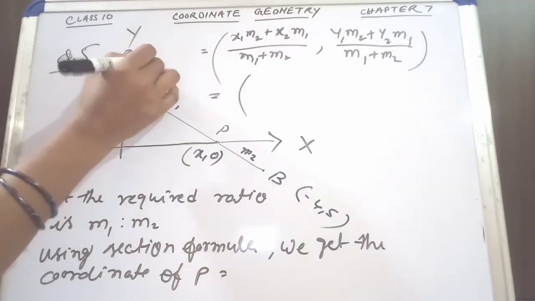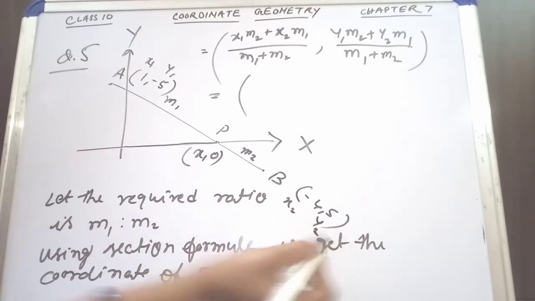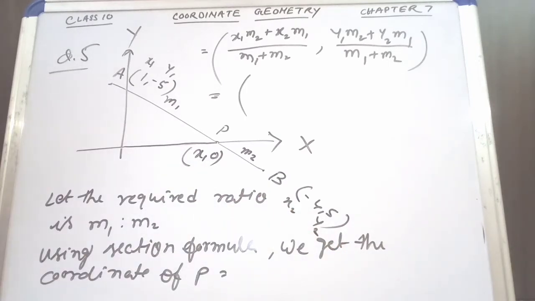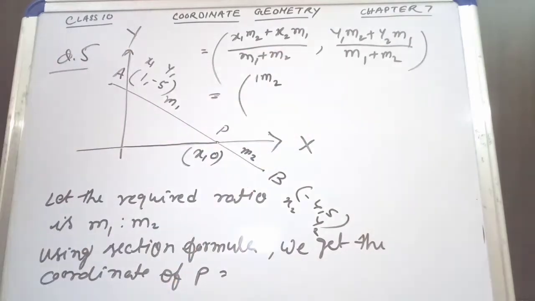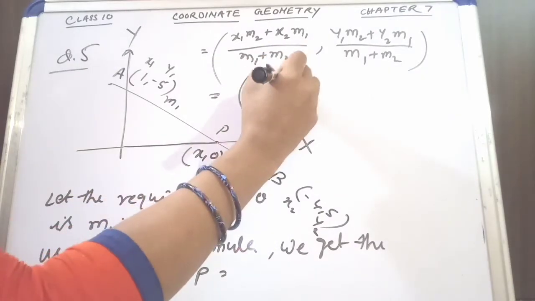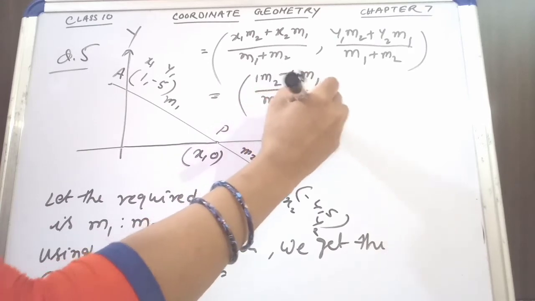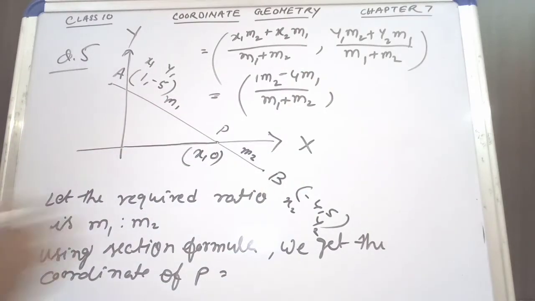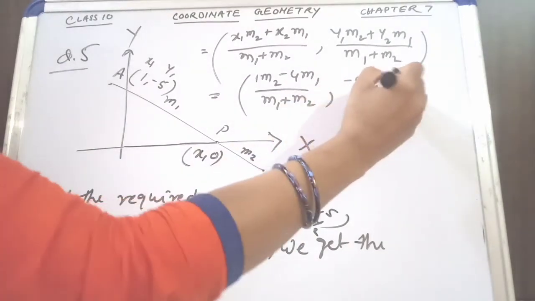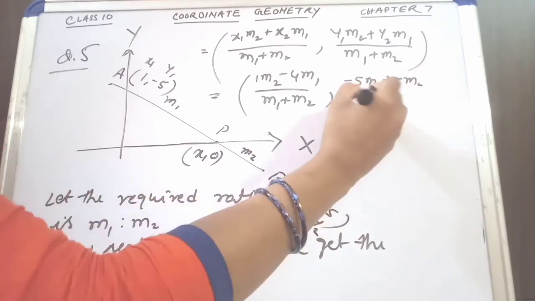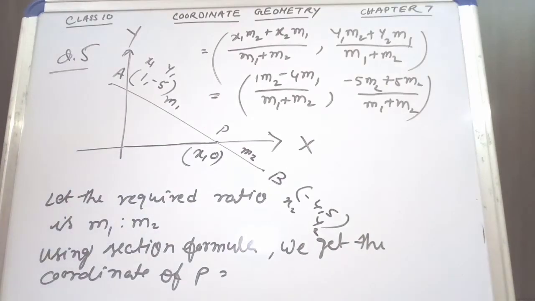Suppose this is x1, y1 and this is x2, y2. So x1 m2, x1 means 1, that means 1 m2, x2 means minus 4 m1, upon m1 plus m2. y1 m2, y1 means minus 5 m2, y2 means 5, that means 5 m1, by m1 plus m2.